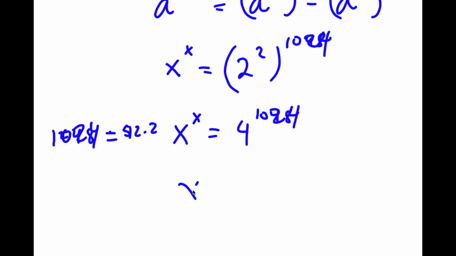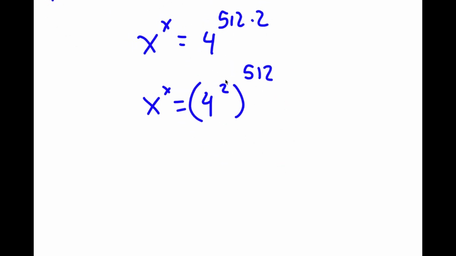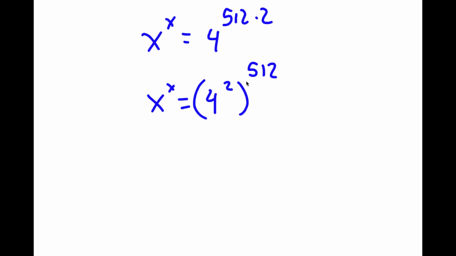So now I have x to the power of x is equal to 4 to the power of 512 times 2. And again, I'm going to rewrite that as 4 to the power of 2 to the power of 512. Now again, 4 to the power of 2, that's obviously 16. So now I have x to the power of x is equal to 16 to the power of 512.